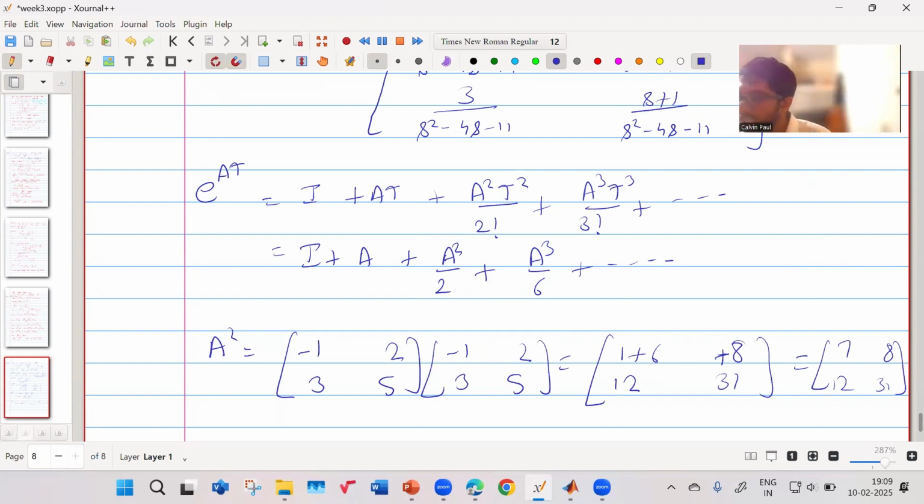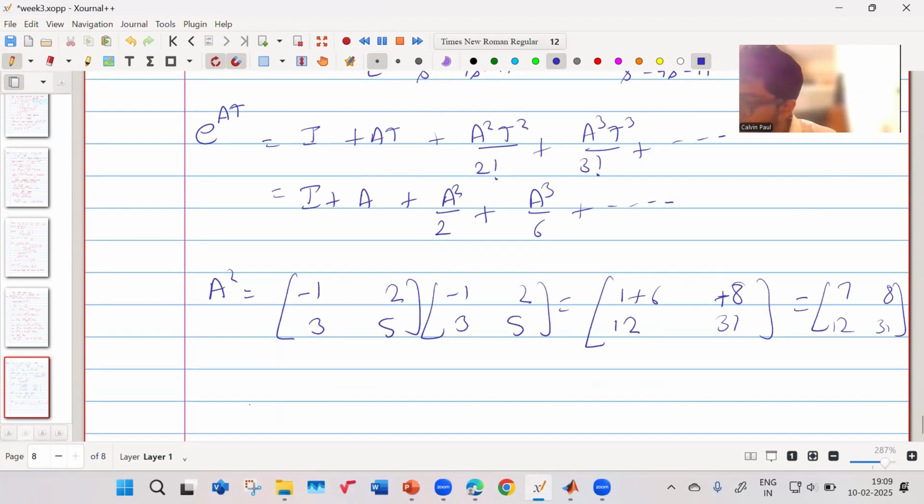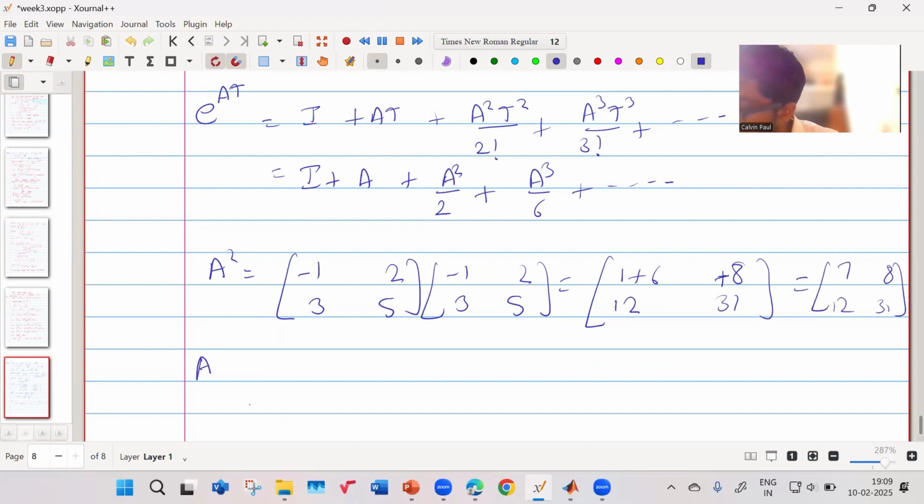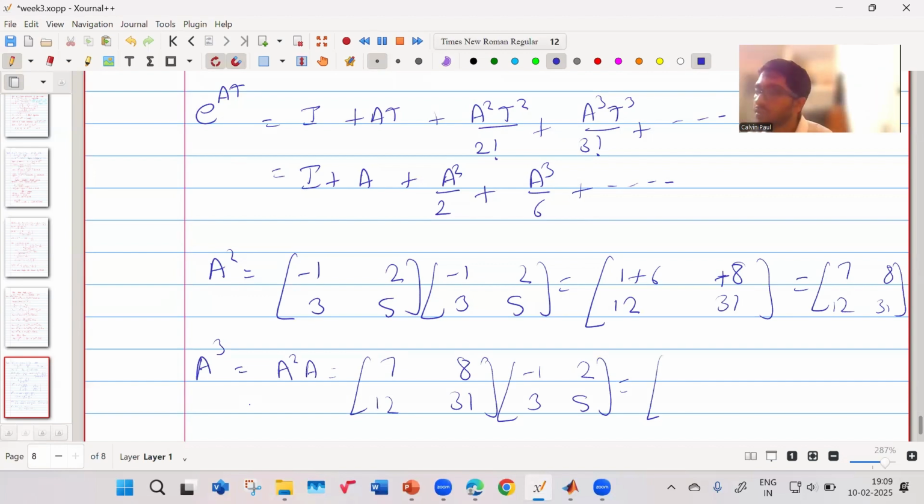Now let's check what our A cubed is. That is A squared into A, so [7, 8; 12, 31] into [minus 1, 2; 3, 5]. Minus 7 plus 24 is 17.